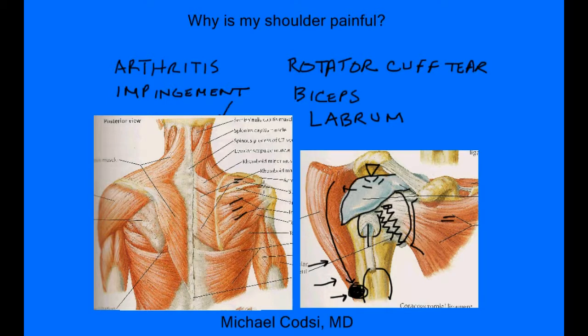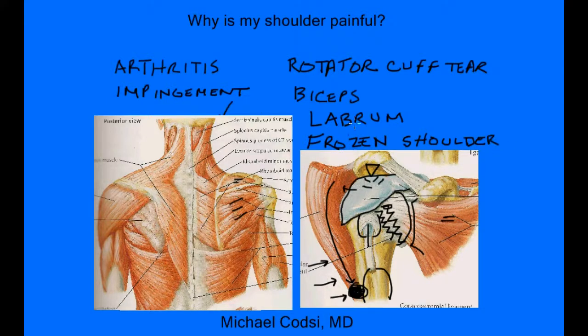And patients start to lose motion and get a lot of pain in the shoulder. And that is called a frozen shoulder. Patients complain not just of pain, but they feel like the shoulder is completely frozen. It just doesn't want to move. And that's why we call it frozen shoulder.